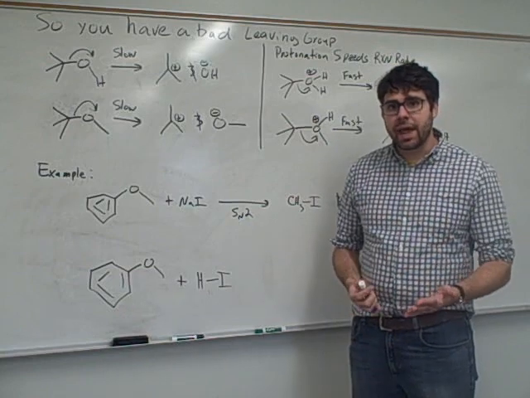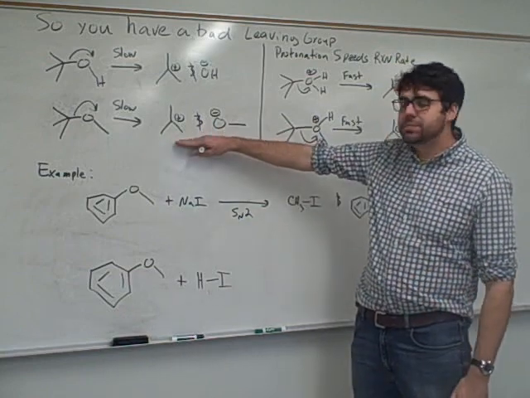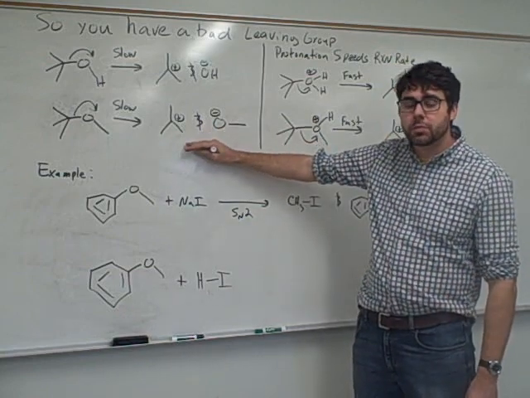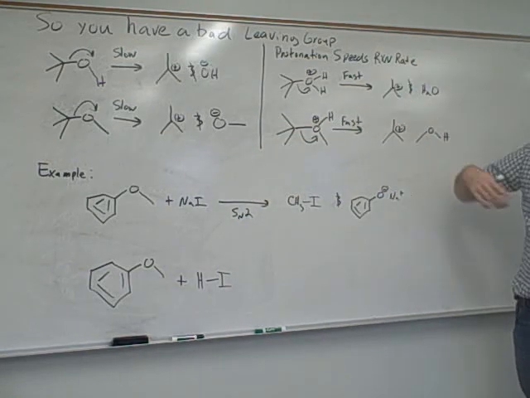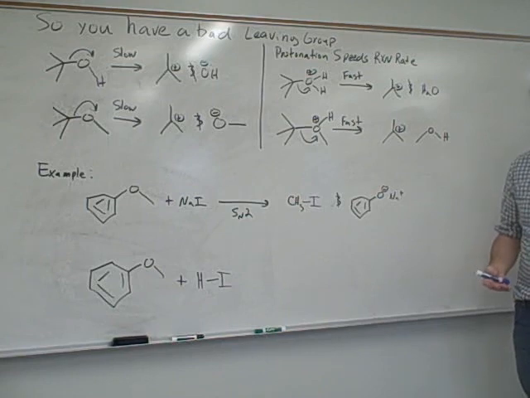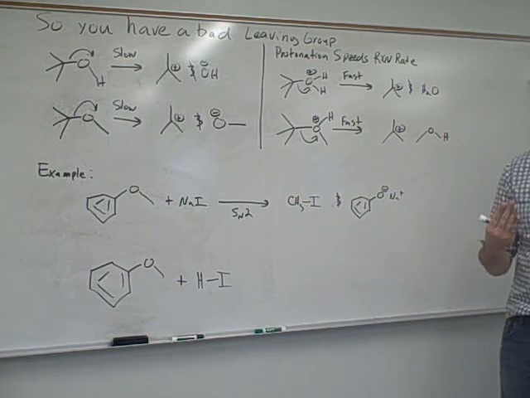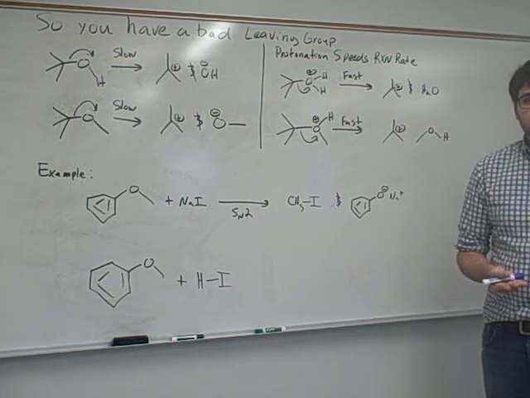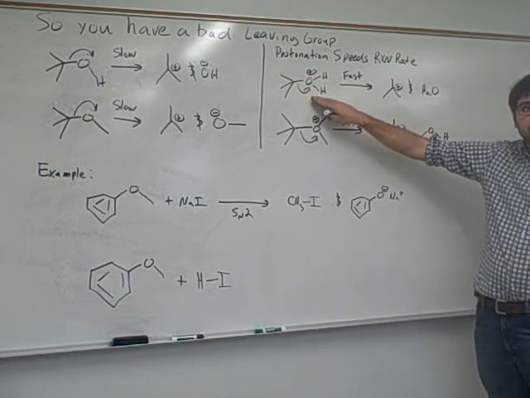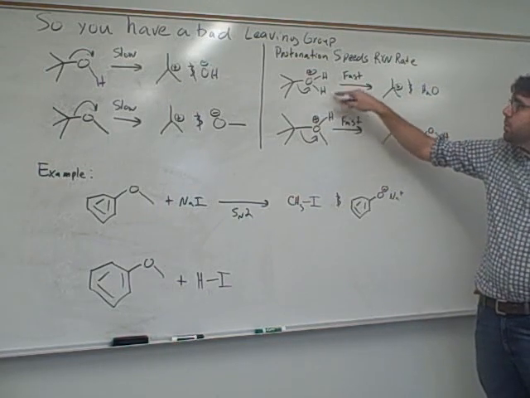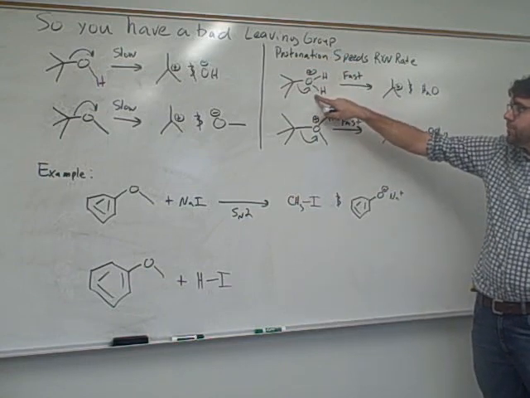So these are strong bases, meaning that they're not very stable. The easiest way to convert these bad leaving groups into a good leaving group is through the addition of a proton. So for example, if you simply add an acid to an alcohol, and this usually requires a really strong acid, something where the pKa is less than 0, we're able to protonate the oxygen of the alcohol and form what's called an oxonium ion here.